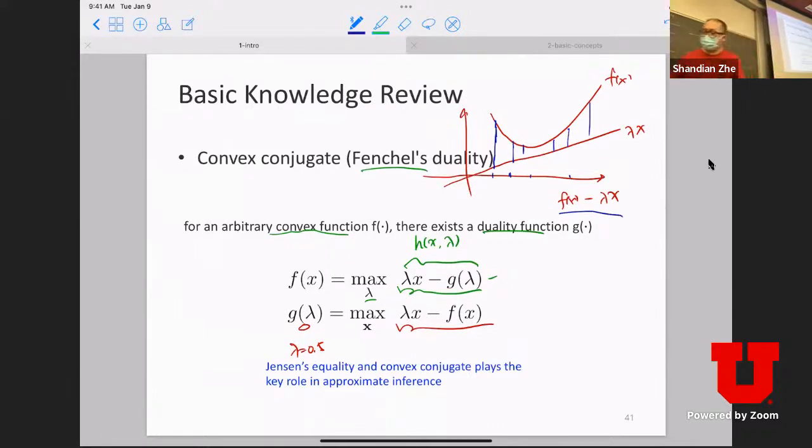So basically, from our intuition, we can just move this lambda x up, and you move until you contact the body of f of x. At that point, the difference should be the minimum. So you imagine you move them. Maybe I should draw it.